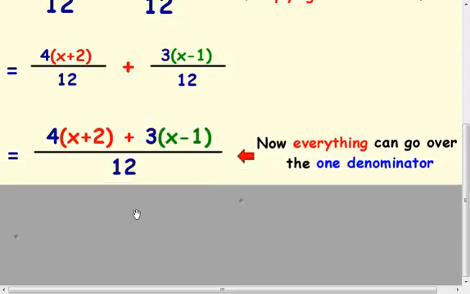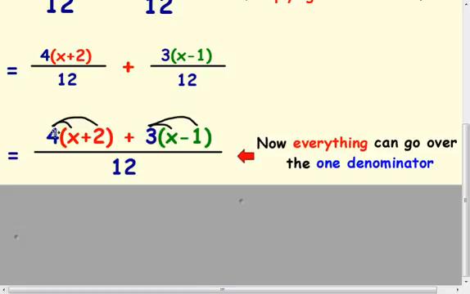Now what you need to do is simplify this top line. The bottom line is not really going to change from a 12. I'm just trying to simplify the top line here. Okay, so what do we do? Well, you multiply the 4 by the x and the 4 by the 2. And then you do the 3 by the x and the 3 by the minus 1.